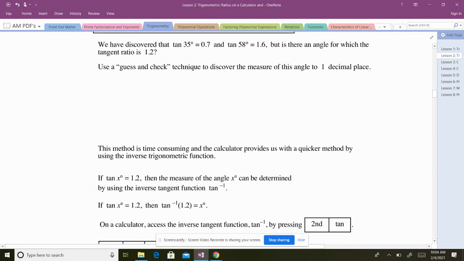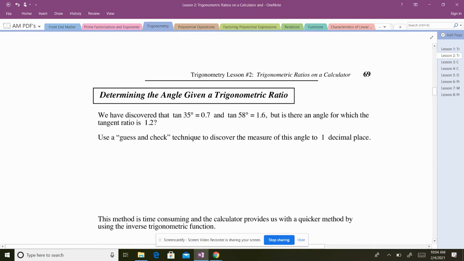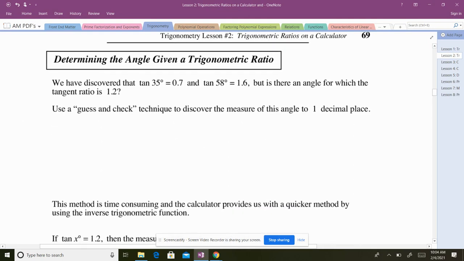Okay. Page 69. This page right here. Okay, so not using guess and check. If I have sine of A is equal to some ratio, remember, the A or the X or whatever variable is with the trig function.